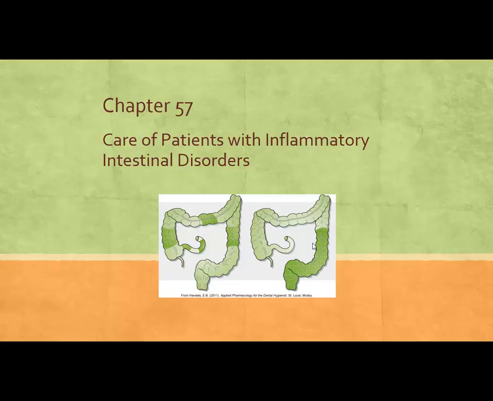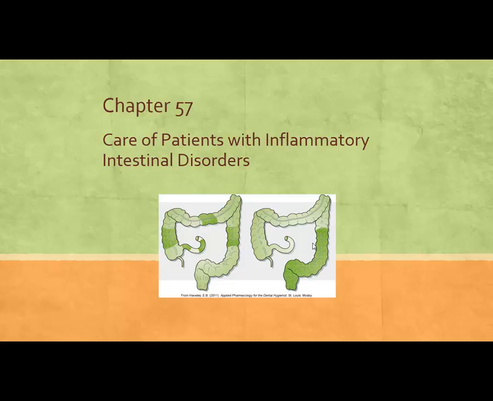Typically, diagnosis will be made with x-rays, MRI, and then colonoscopy. The drugs that are used to manage Crohn's disease are pretty similar to those used with the treatment of ulcerative colitis. The monoclonal antibody drugs have been approved for use in Crohn's disease.